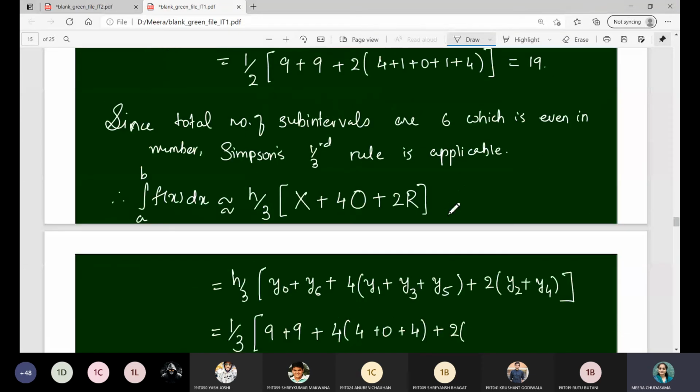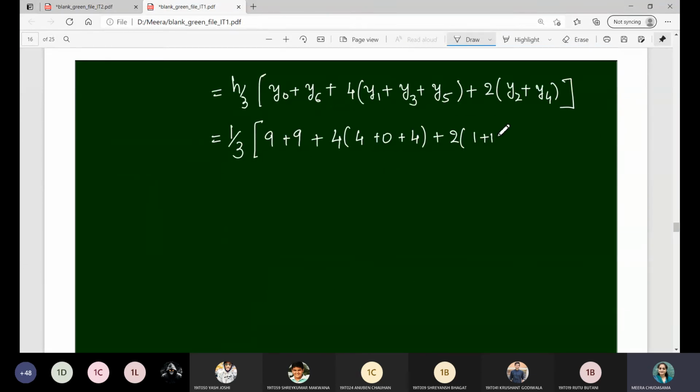So this is 1 plus 1. What is this simplification? 18. Very good.